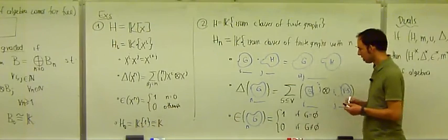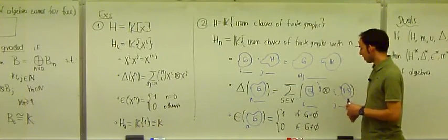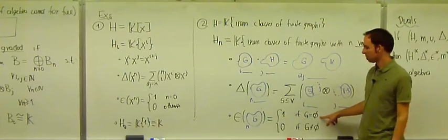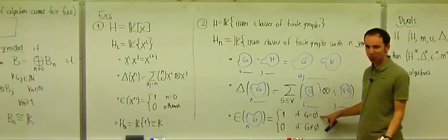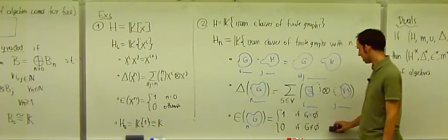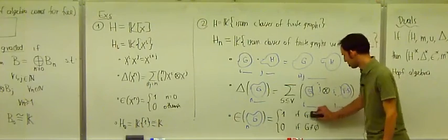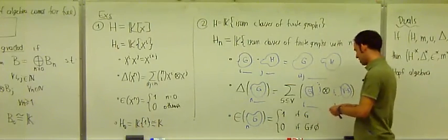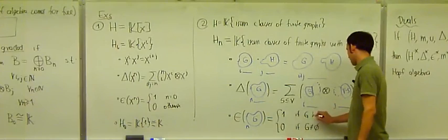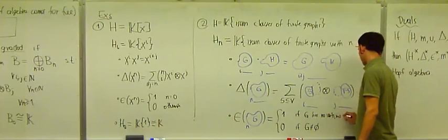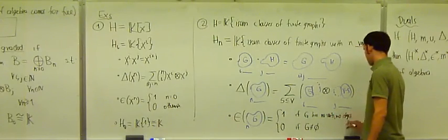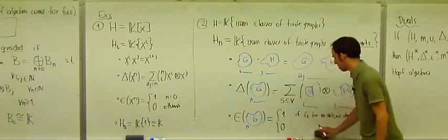But saying that the graph is empty, really what I mean by this is that it's the graph with no vertices and no edges. So epsilon of G is 1 if G has no vertices, no edges, and 0 otherwise.